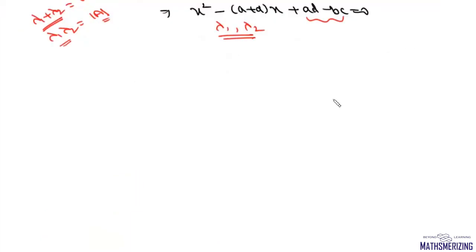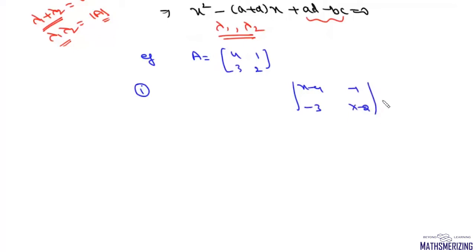Say for example, suppose we are given a matrix A which is [4 1; 3 2]. First we'll need to write its characteristic equation: |x minus 4, minus 1; minus 3, x minus 2| will be 0. So we'll simplify it.